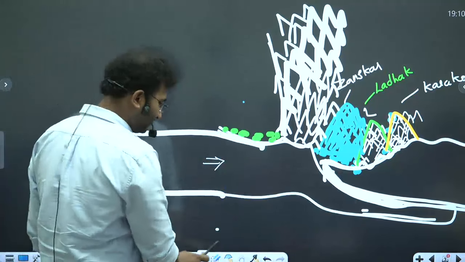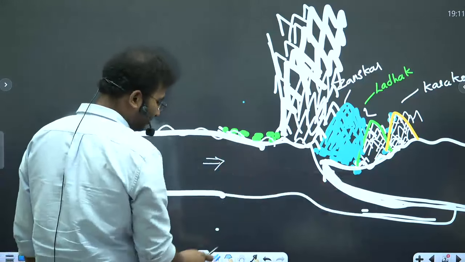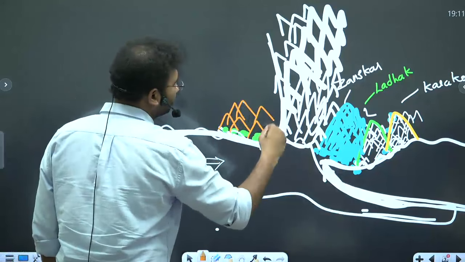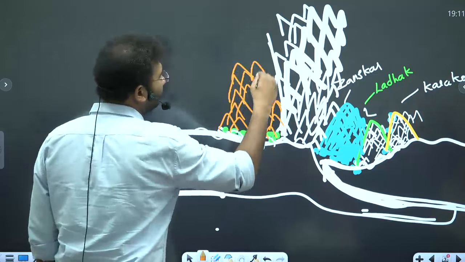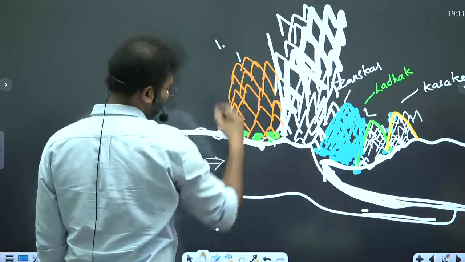And on these sediments, later on again crustal folding started to take place. That means the crust started to fold. The next set of mountains that have formed, these are lesser Himalayas.